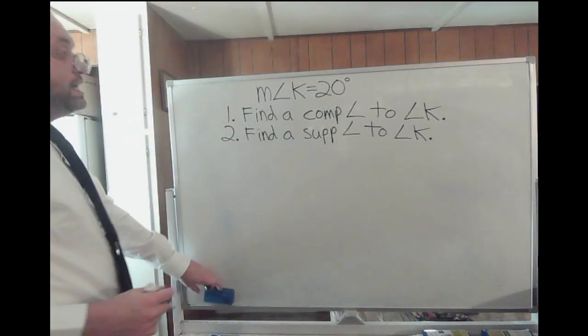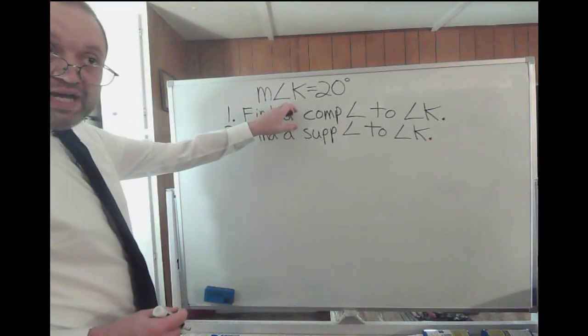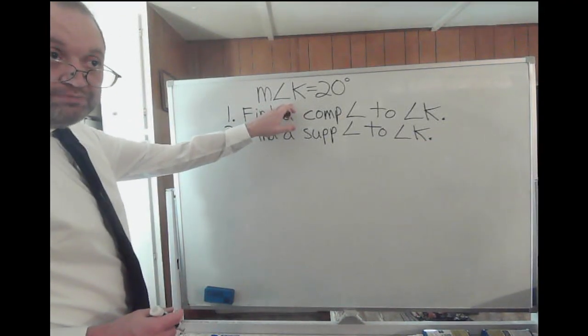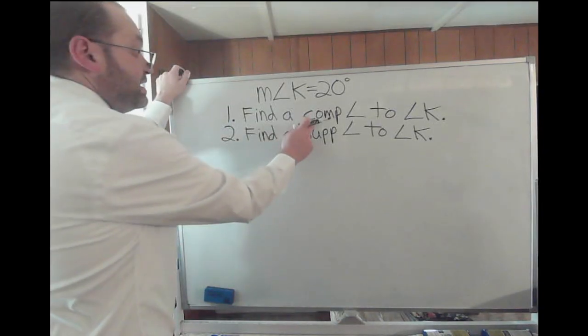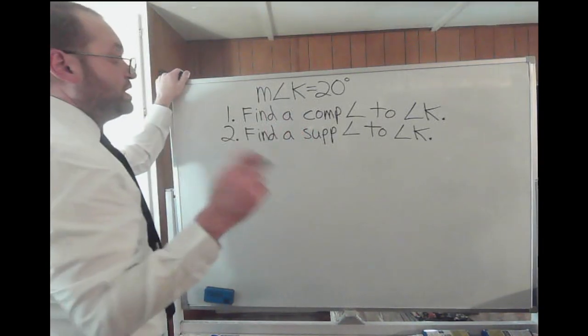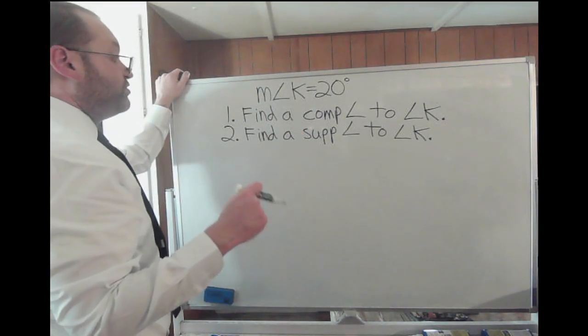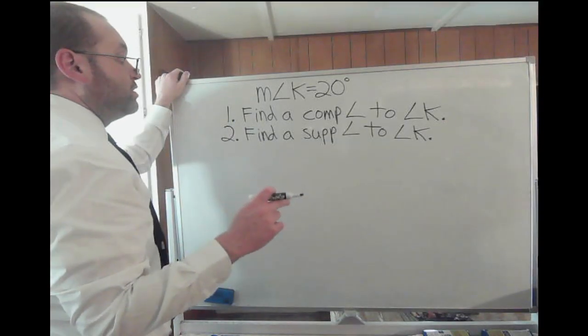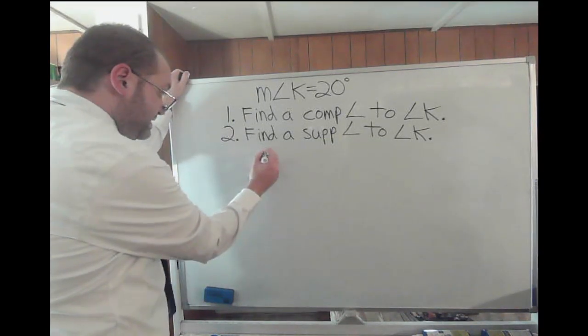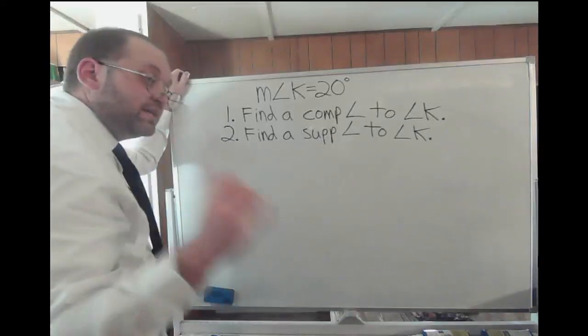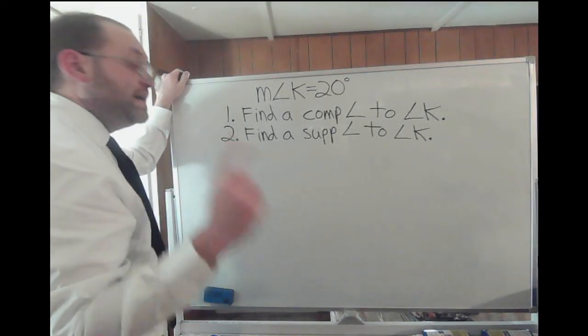Alright, so in this case, we're given the measure of K equals 20 degrees. First, we want to find a complementary angle to angle K. Well, complementary means the sum of the two angles adds up to 90 degrees.